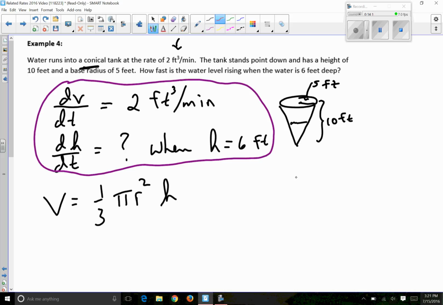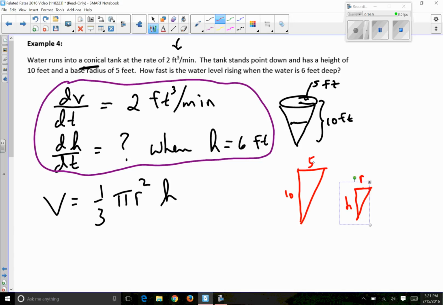Inside this cone, you could draw a triangle showing that the height is 10 feet and the radius is 5 feet. That's the tank. But in the tank, there's water that goes up to some height, which is changing, and the radius of the water will be changing as the water runs into the tank.